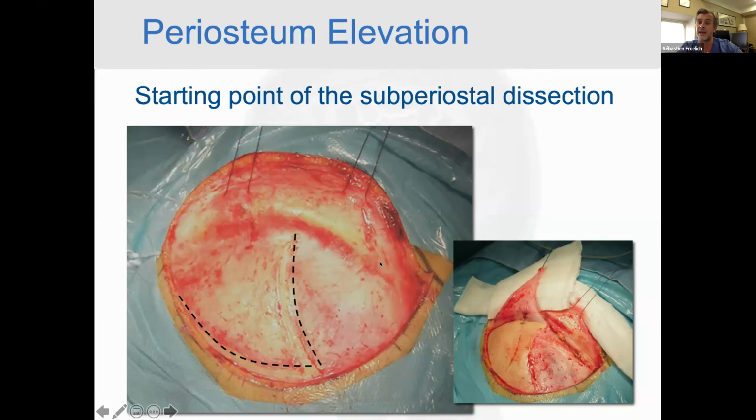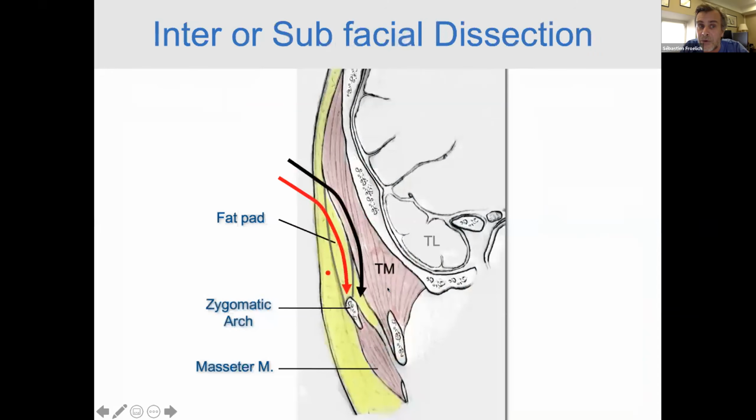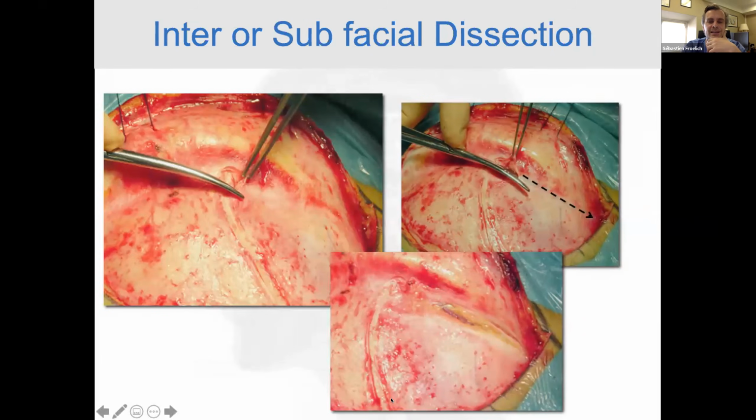So in order to do that without injury to the frontal branch, we need to do either an interfascial dissection in red or a subfascial dissection in black, because the frontal branch is here in the subcutaneous tissue. So we need to go at least below the superficial temporalis fascia here, either with interfascial or deeper with subfascial dissection.